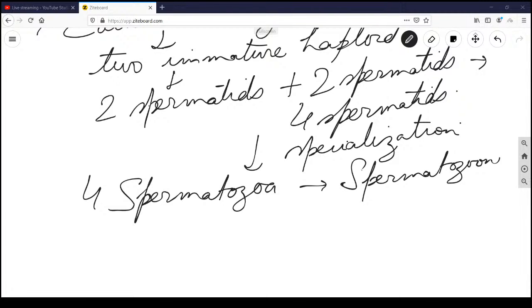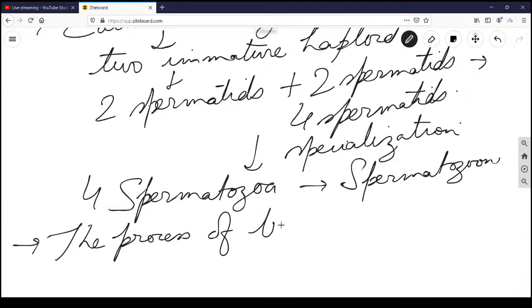Now the process of transformation from spermatids to spermatozoa is called spermiogenesis, or also spermatid metamorphosis.